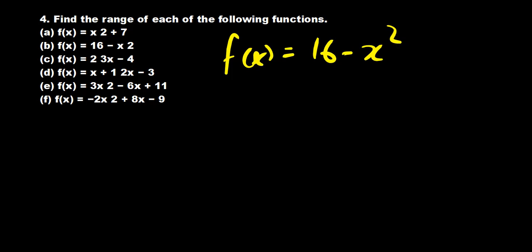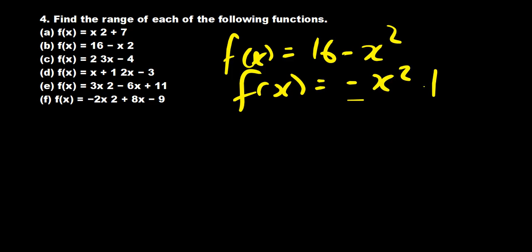You always have to know the form of the function. This is a quadratic function of the form f of x equals negative x squared plus c, unlike the one that we had.